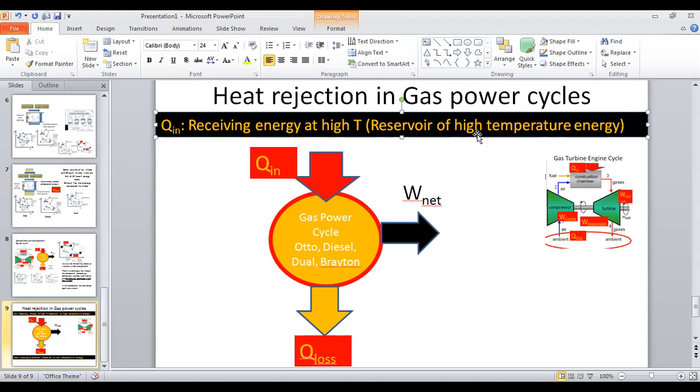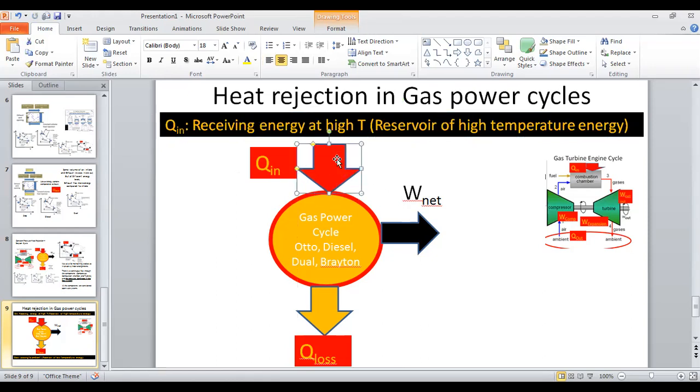That's how you can consider this. It means you need to have a continuous supply to operate this cycle. So it is something like a reservoir effect. Yes, that's how it is. So you have two reservoirs, low temperature and high temperature.